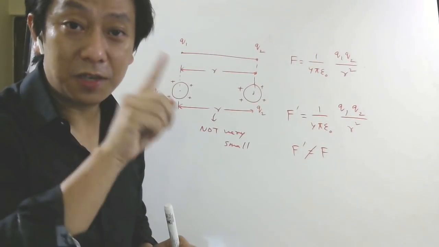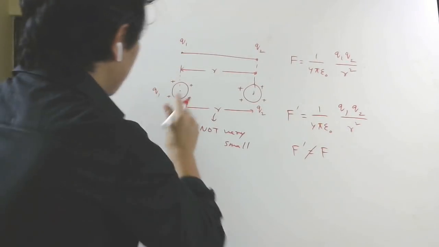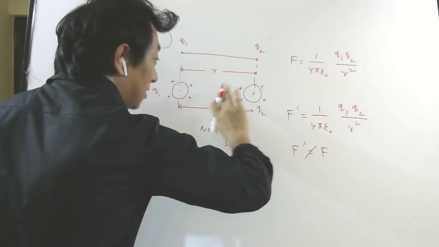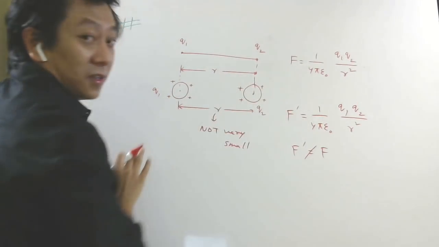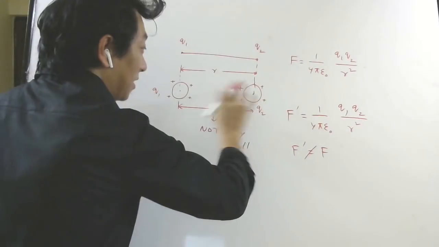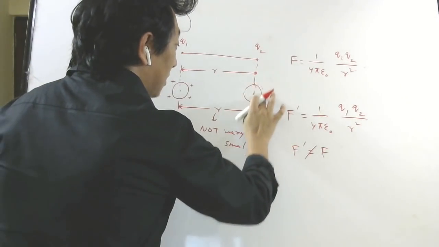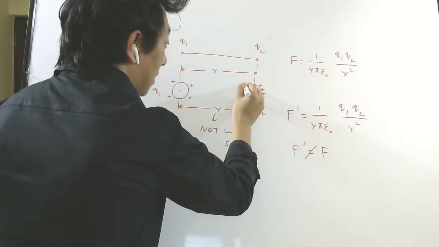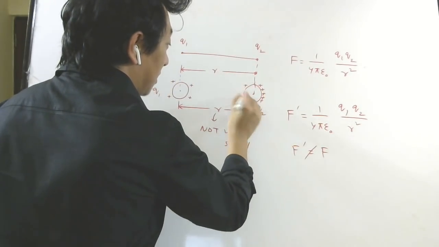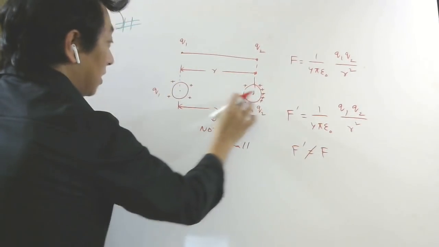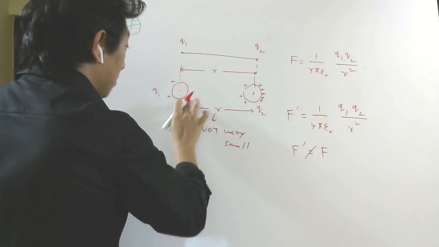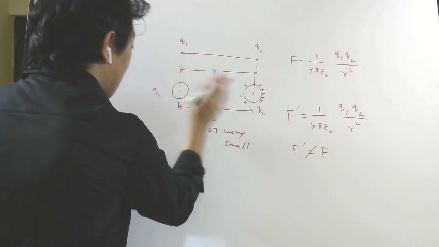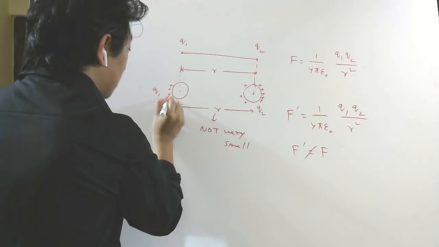Induction, which I taught you in the first video. So this plus charge will push plus charges here, that's it. The plus charges will concentrate here more, and here it will be less concentrated.